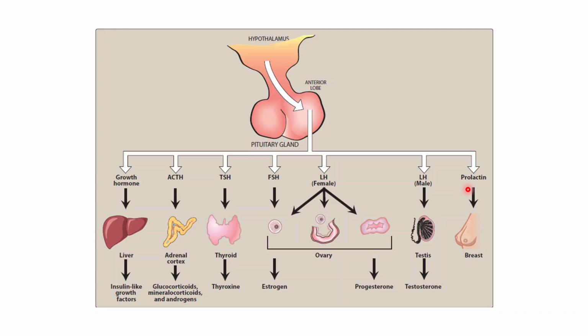The secretion of prolactin is inhibited by the dopamine receptors, and that is why anti-dopaminergic drugs can increase the secretion of prolactin. Also hyperprolactinemia that can be associated with hypogonadism is treated with a dopamine receptor agonist such as bromocriptine, and they can also be used for the treatment of adenomas.